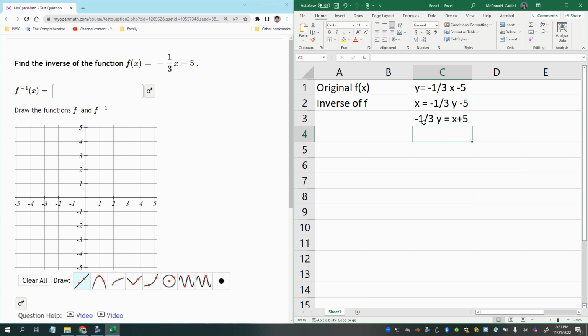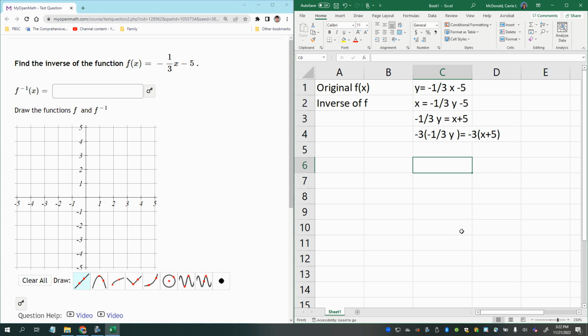All right, next I'm going to multiply both sides of the equation by -3, and that will get rid of this lead coefficient. Okay, so if I multiply this version of the equation by -3, then also do the same thing over here.